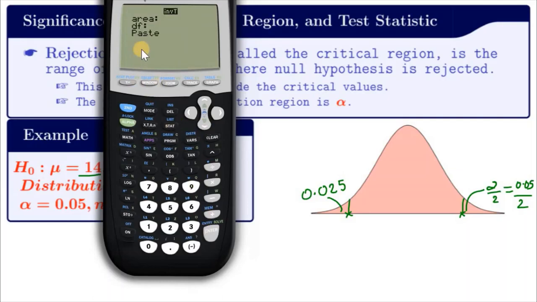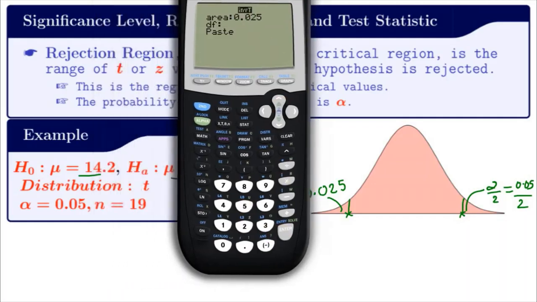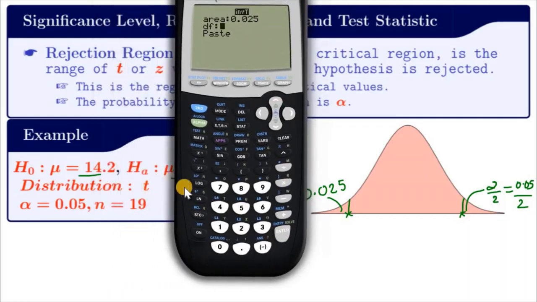Then hit enter. It takes area to the left. If we are looking at this point here, area to the left from this point here is 0.025. So let's put that there, 0.025, then hit enter. Our degrees of freedom is n minus 1. Our n here is 19, so our degrees of freedom is 19 minus 1, which is 18. Then hit enter and enter.